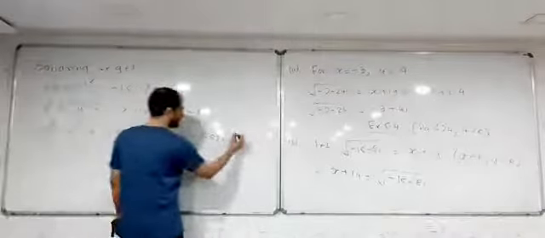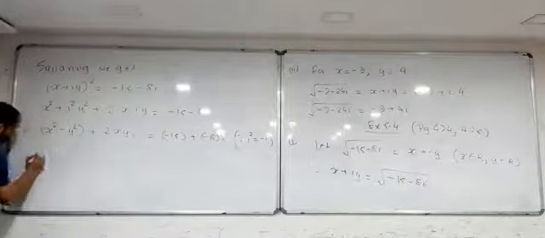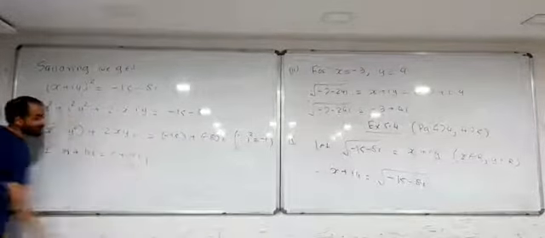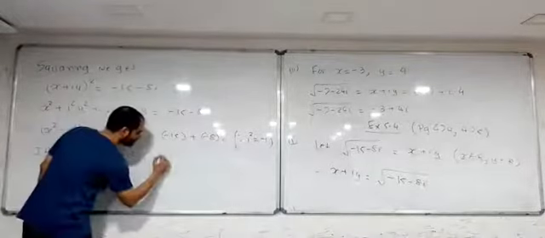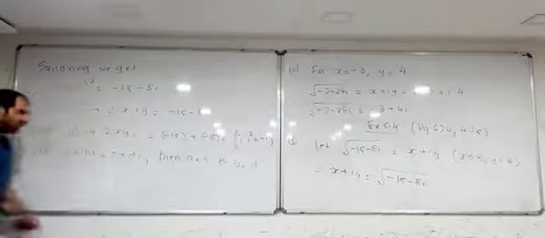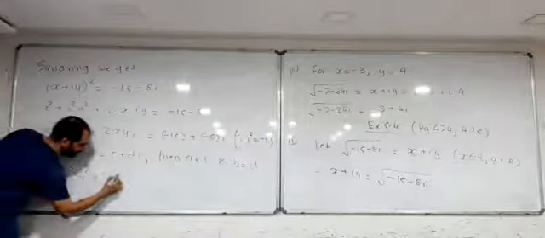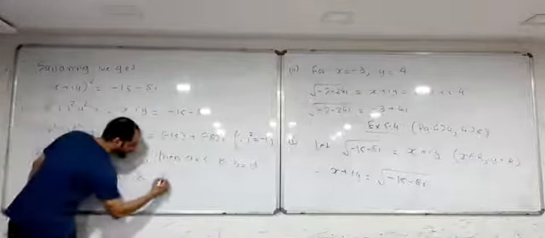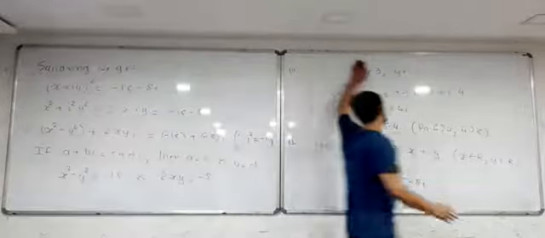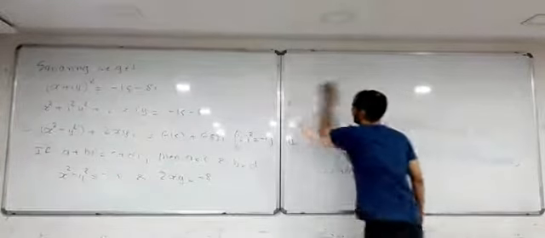Now if a plus bi is equal to c plus di, then a is equal to c and b is equal to d. Equality of complex numbers. Therefore, x square minus y square is minus 15 and 2xy is minus 8.